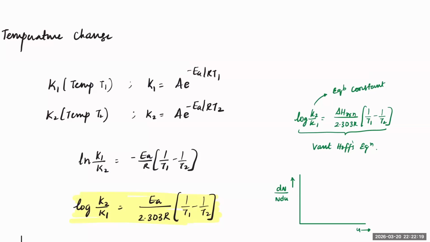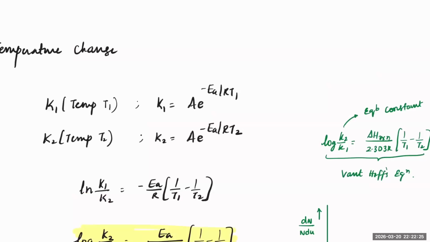So just because we increase or decrease the temperature, Ea does not change. So what we assume is that Ea and A are independent of temperature for a particular reaction.